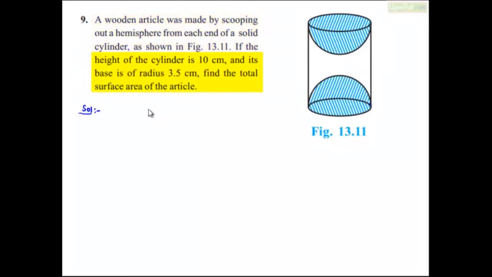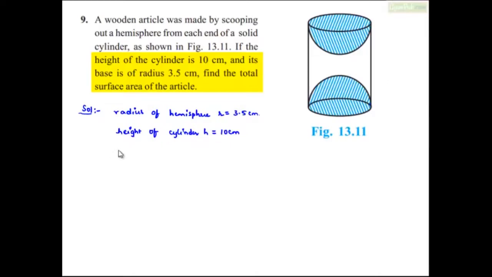So in order to find that, he has given certain data, that is the radius of the hemisphere, r is equal to 3.5 centimeters, and the height of the cylinder h is equal to 10 centimeters.